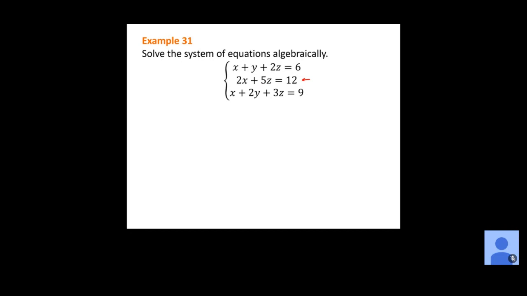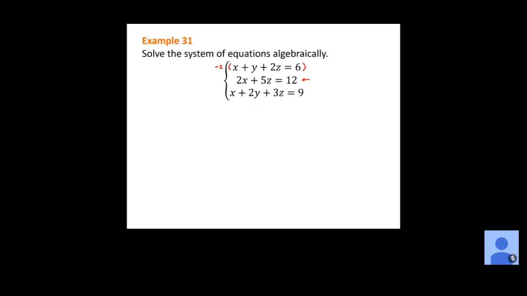How would we eliminate y using the first and third equations now? Good. So we need to multiply the top equation here by a -2.